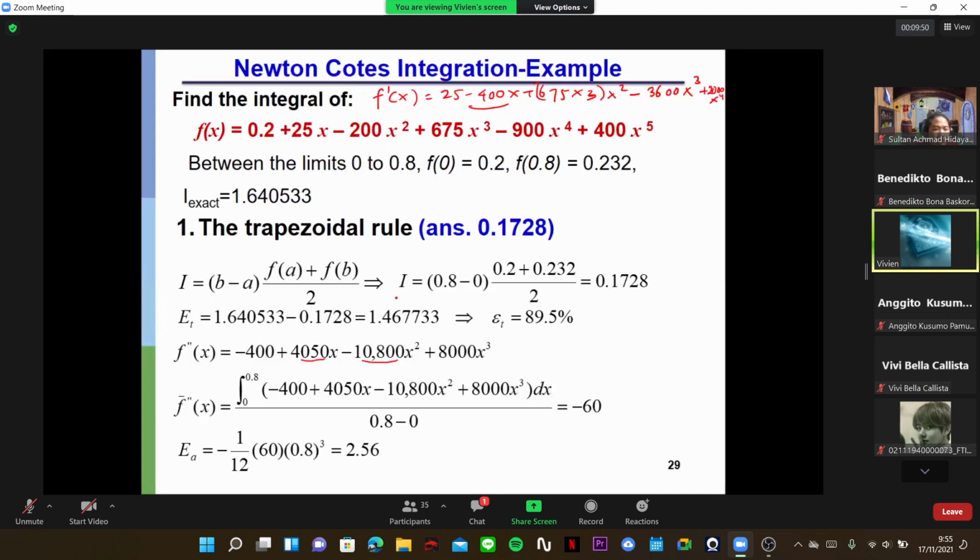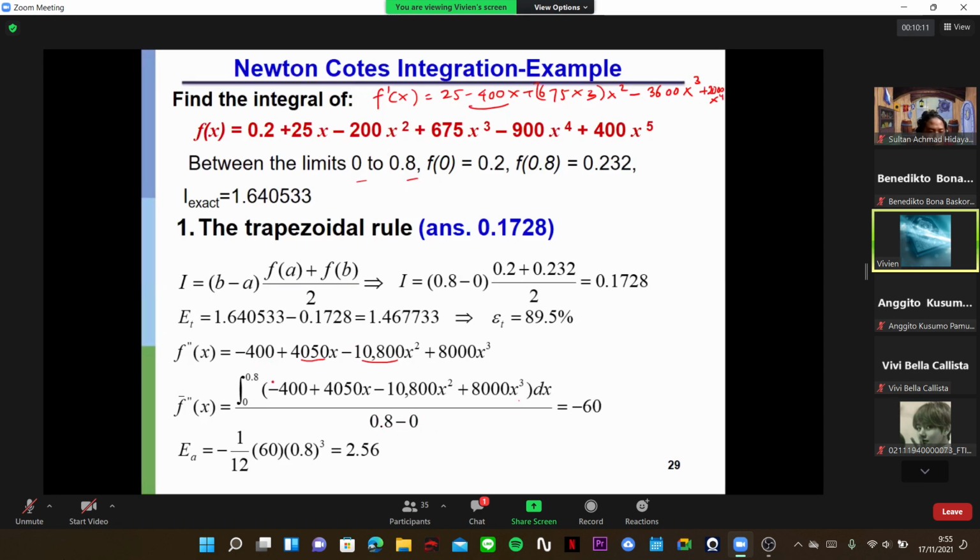Okay, so this is correct. And then to find the value here, we can do the integration between the limits from 0 to 0.8, integrate dx, and then divide by 0.8 minus 0.